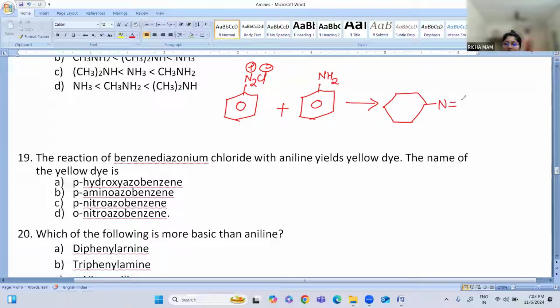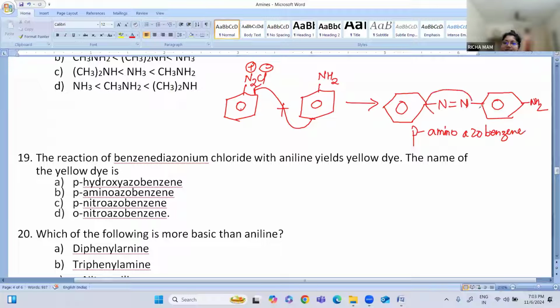So N double bond N. This is the first compound, N2Cl. Then this will attach to this, and you are going to get NH2 here. So this is para-amino azobenzene.